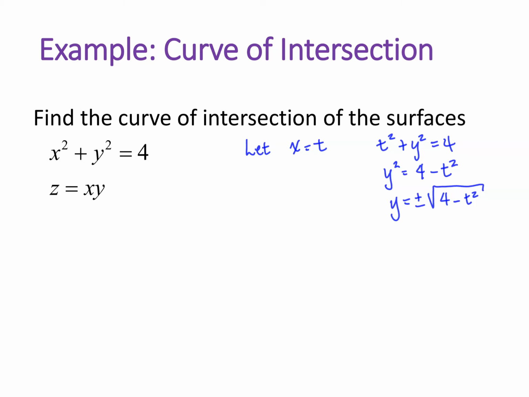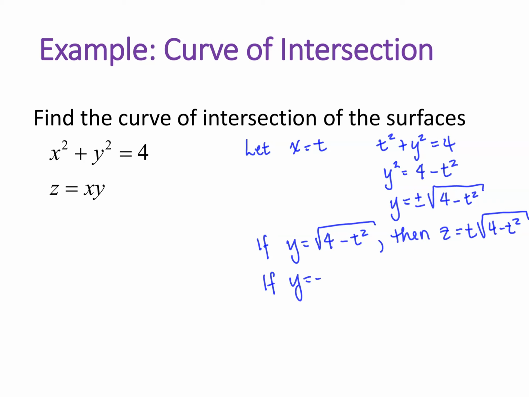So what if y equaled the positive square root, the square root of 4 minus t squared? Then our z would equal t times the square root of 4 minus t squared. If y equaled the negative square root of 4 minus t squared, then z would equal negative t times the square root of 4 minus t squared.